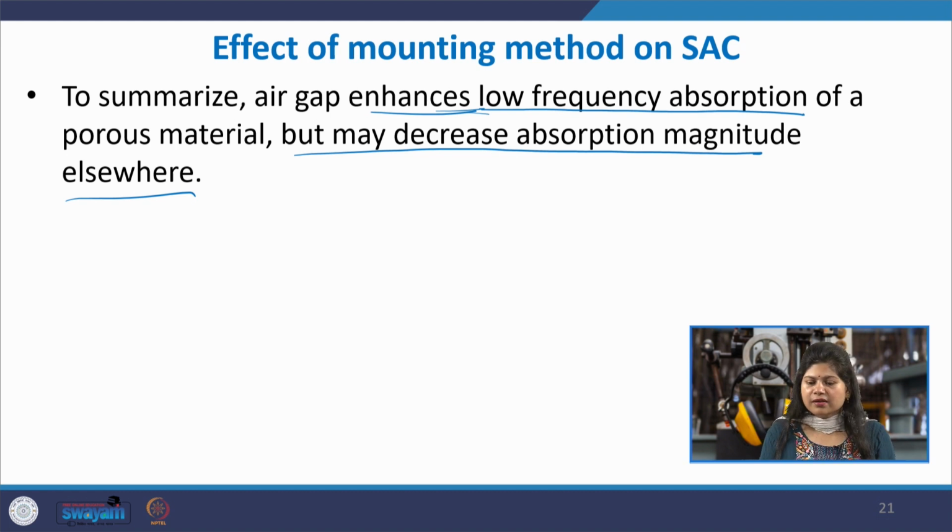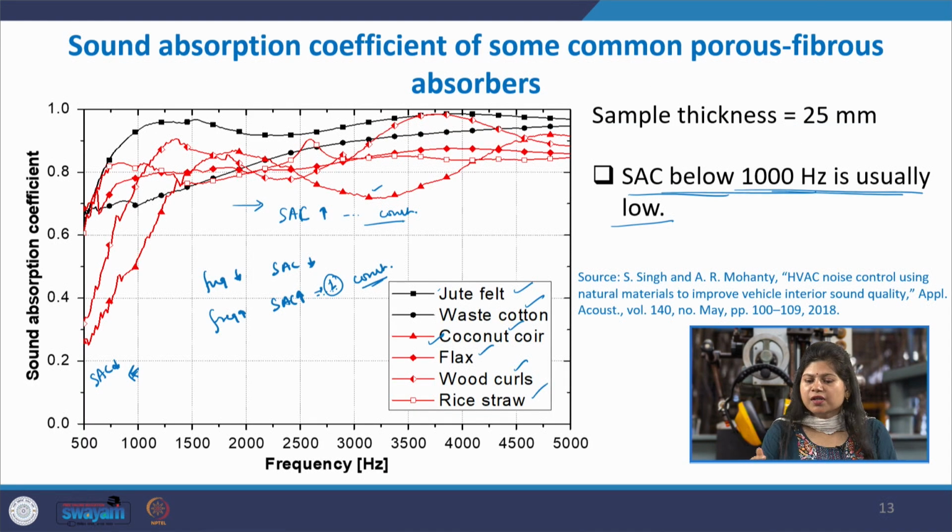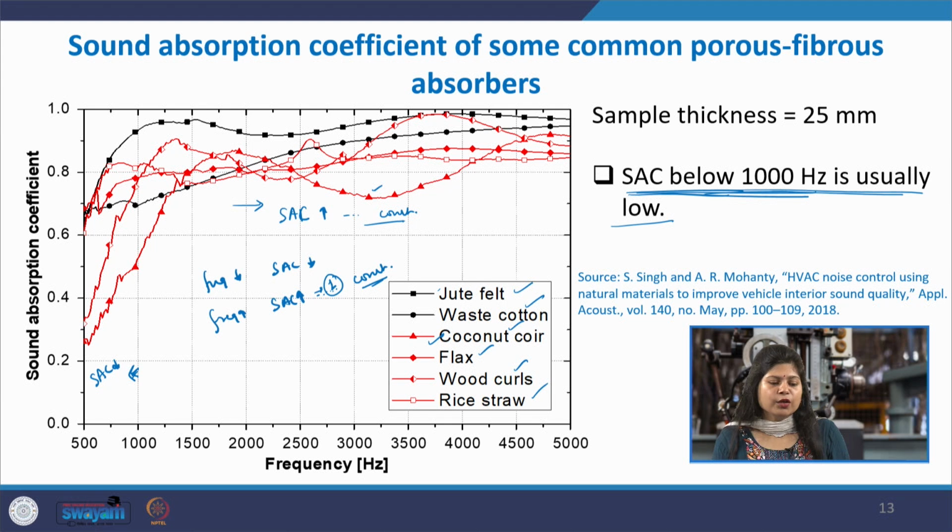So, we know that in porous materials, one of the shortcomings is that SACs at low frequencies are usually very low. You can introduce an air gap to make the situation slightly better, where with the air gap you can enhance the values of SAC at the lower frequencies, but then that will reduce the absorption coefficient elsewhere.